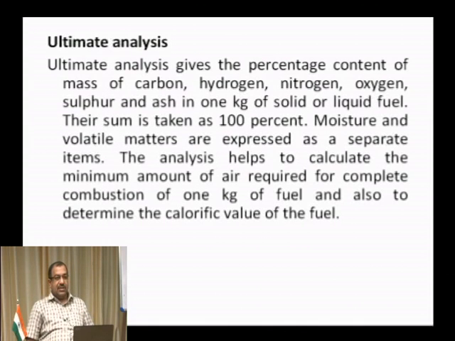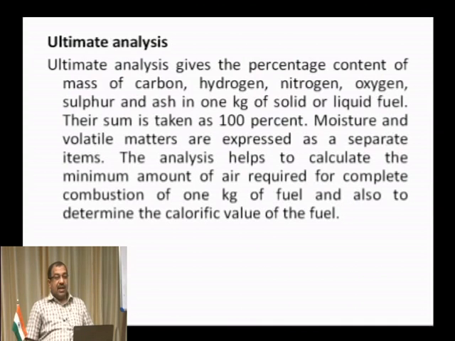What is ultimate analysis? Ultimate analysis gives the percentage content of mass of carbon. In this we are considering only mass, you have to remember here. Ultimate analysis is going to give you mass of carbon, mass of hydrogen, mass of nitrogen, mass of oxygen, mass of sulphur and mass of ash content present in 1 kg of solid or liquid fuel.